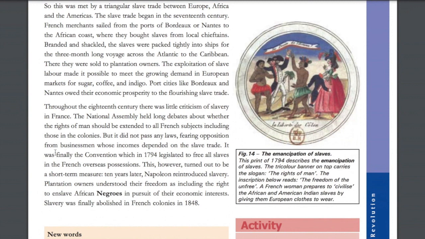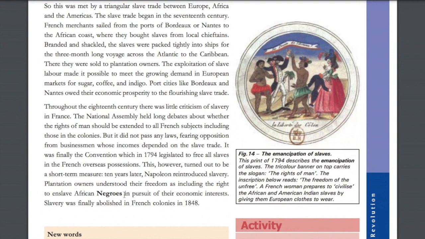It was finally the Convention which in 1794 legislated to free all slaves in the French overseas possessions. So in 1794, the newly elected assembly, which was called the Convention, abolished the slave trade. This, however, turned out to be a short-term measure. Ten years later, Napoleon reintroduced slavery.